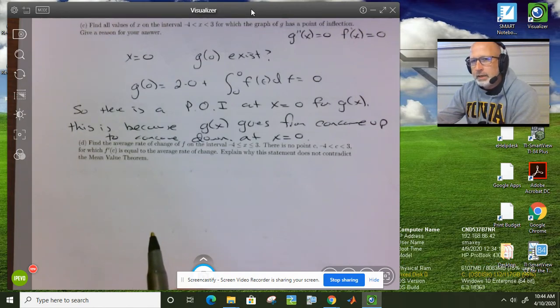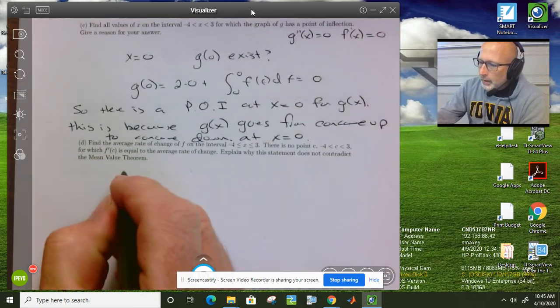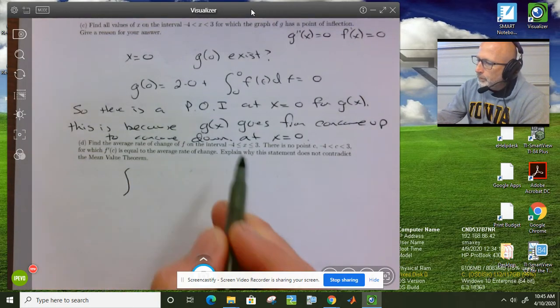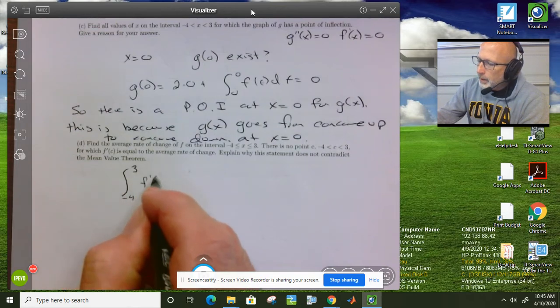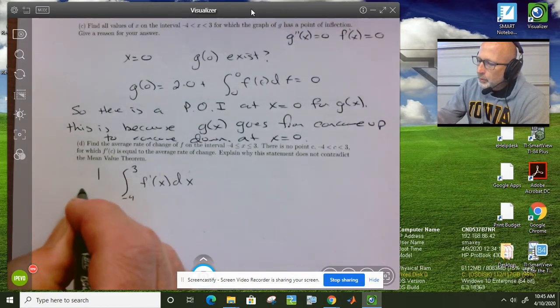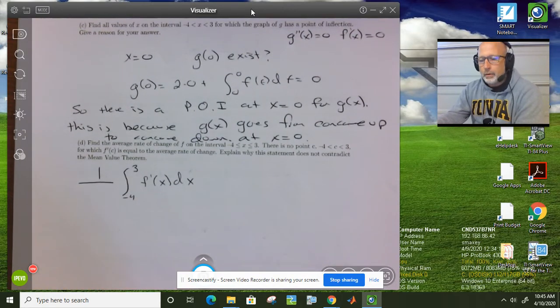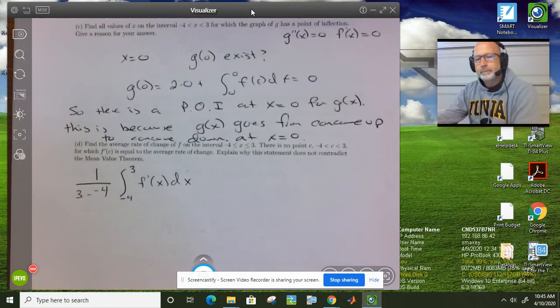That means that we need to integrate, because that's adding up an infinite amount of different things, the derivative, because the derivative is the rate of change of f, right? So I'm going to integrate from -4 to 3 of f prime of x dx, but then I'm going to divide by the length of the interval.